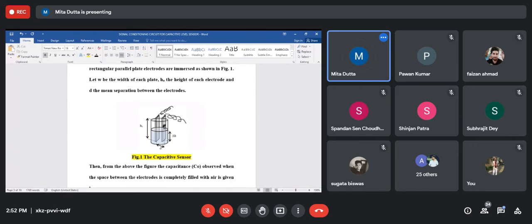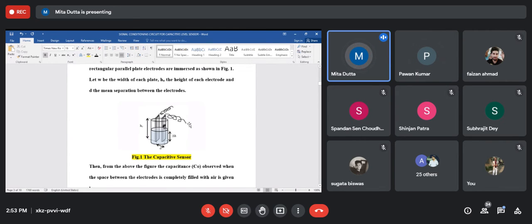Epsilon 0 A by D. And what is A? Area of the cross section of that plate.